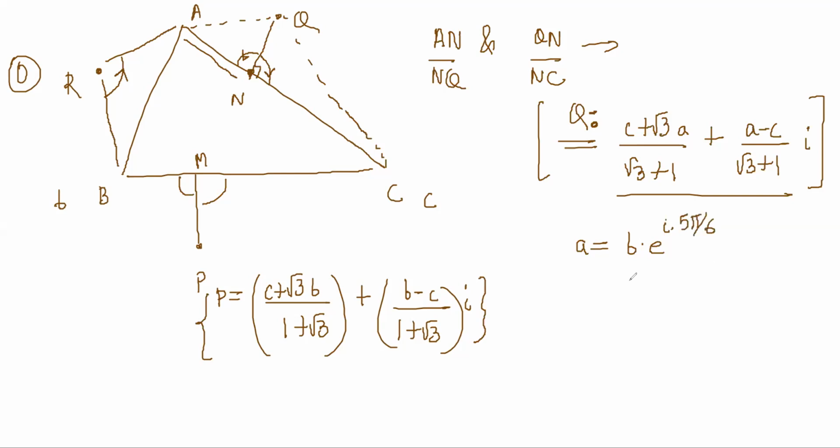Correct? A is equal to B into (minus √3 by 2 plus i by 2), right? I have written cos 150 plus i sin 150 here, right? Correct? Yes, sir.